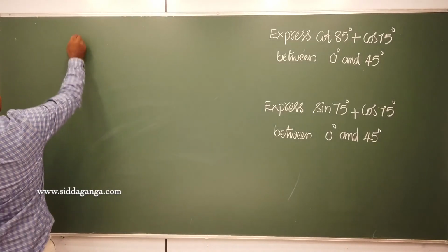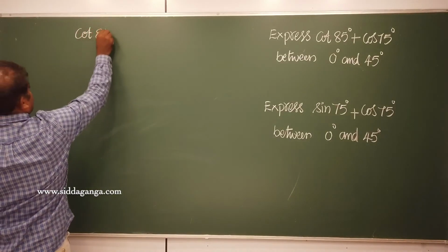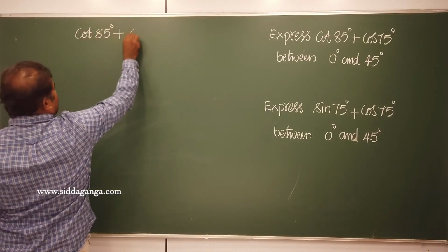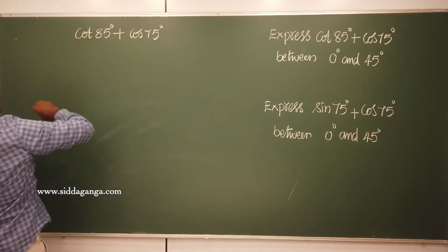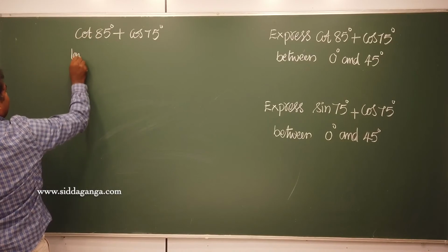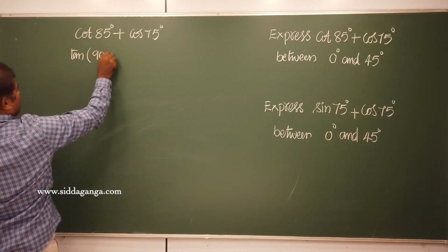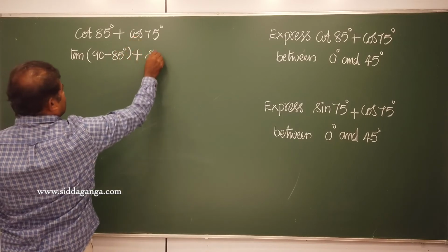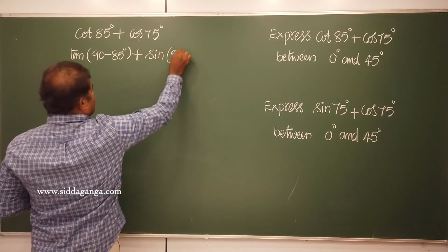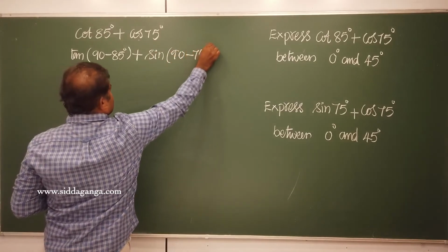Cot 85 degrees plus cos 75 degrees. So you can write the complementary for this as tan(90 minus 85 degrees) plus, for cos you can write sin(90 minus 75 degrees).